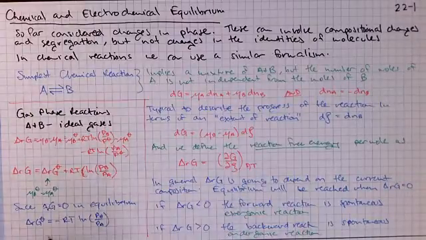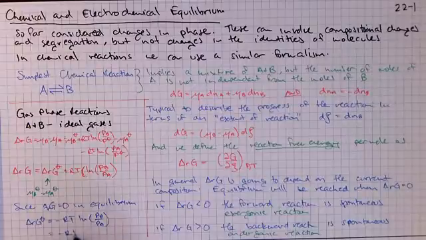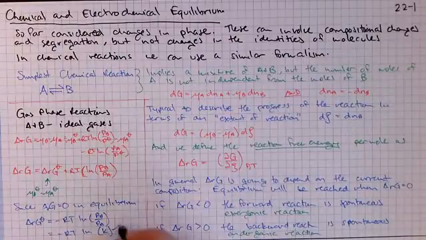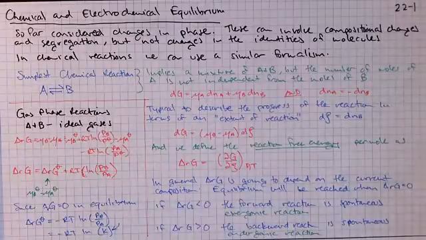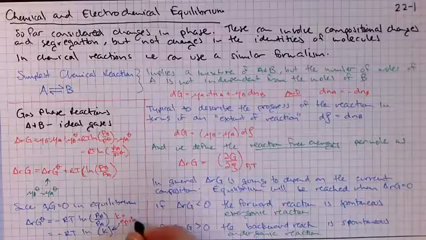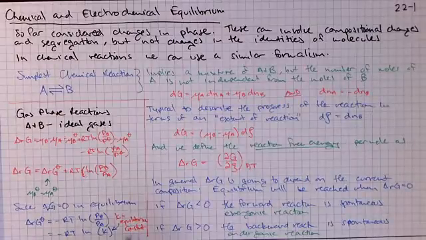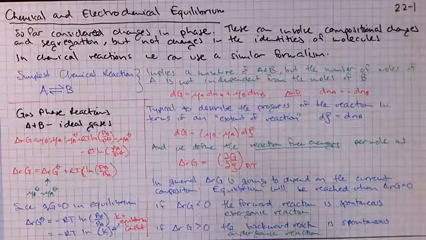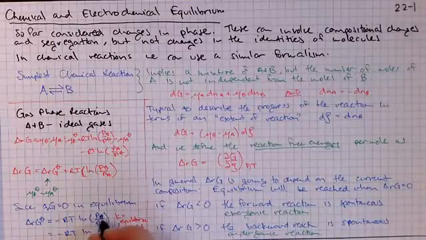And it's typical to write this as minus RT natural log of K, where K is what we call our equilibrium constant, which is just given by the ratio of the equilibrium partial pressures of B to A. Okay.